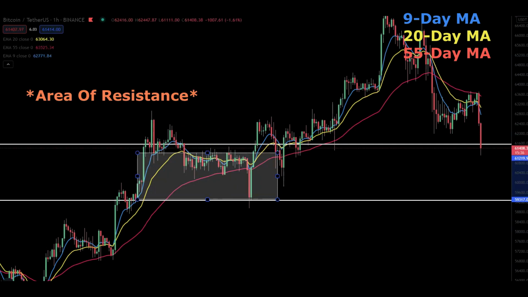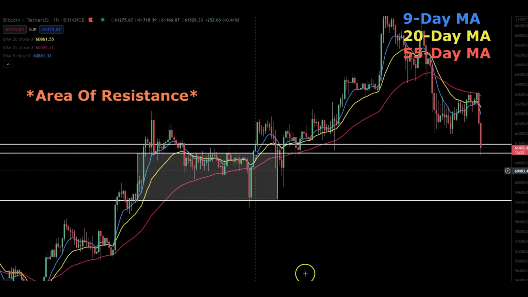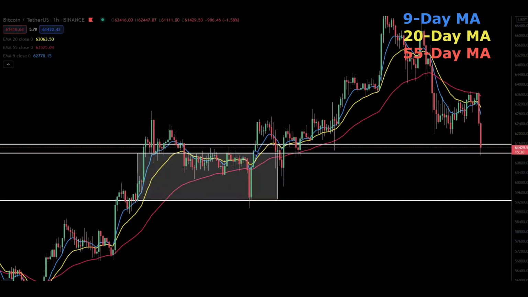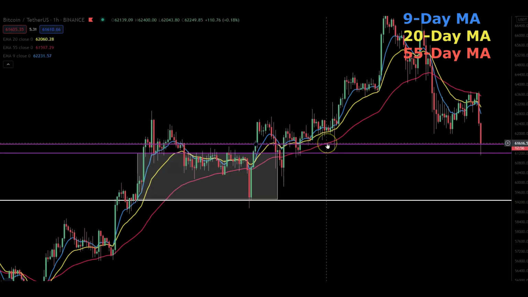So now I'm going to draw that in. Okay, so now I have a zone. Having created these two lines of support and resistance, if we look backwards over the previous days, this zone has been respected by Bitcoin over and over again.